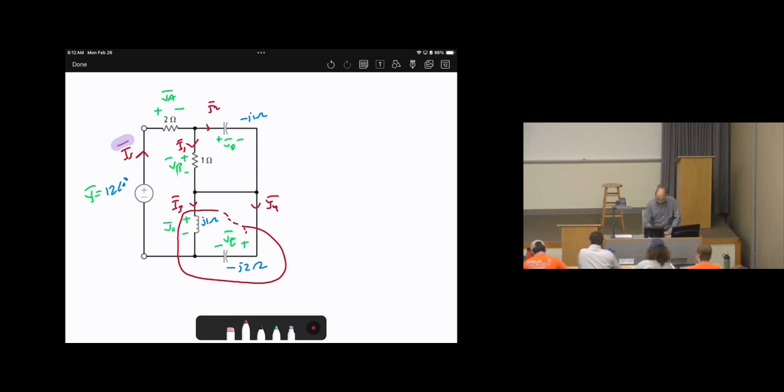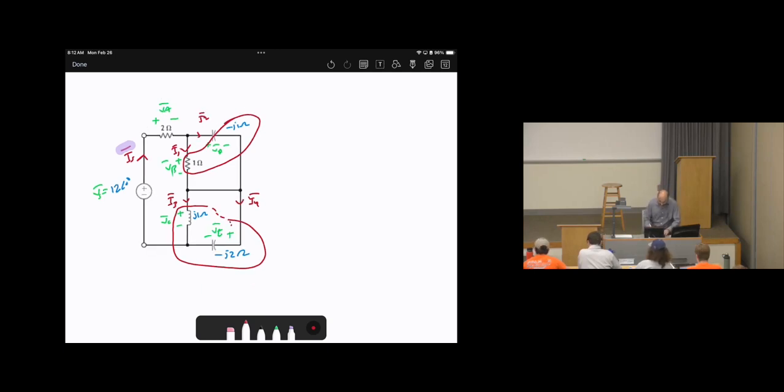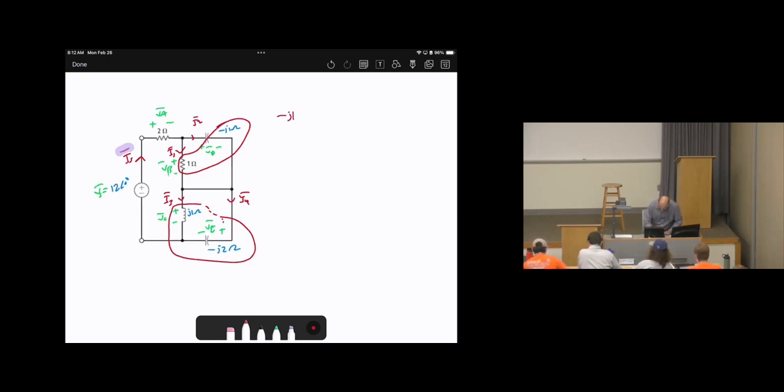How about j1 and 1 ohm? Parallel as well. So negative j1 is parallel with 1, and here we have j1 parallel with negative j2. In other words, VC equals VE because they are in parallel, the elements C and E. And the same thing, VB equals VD, right?